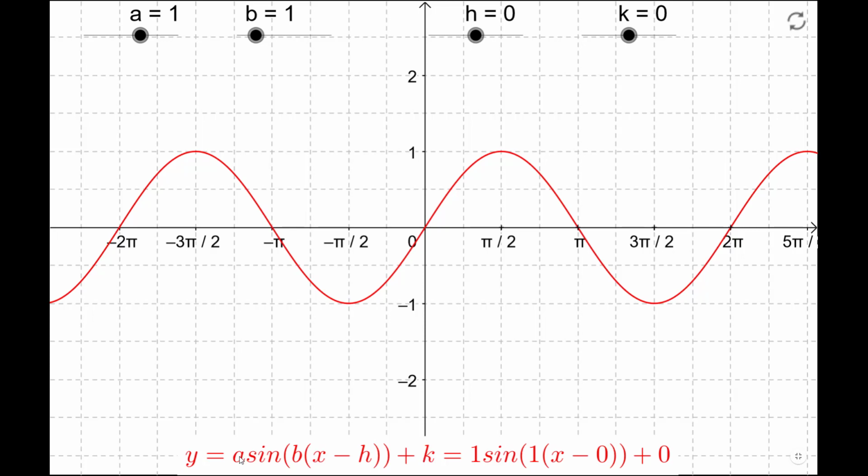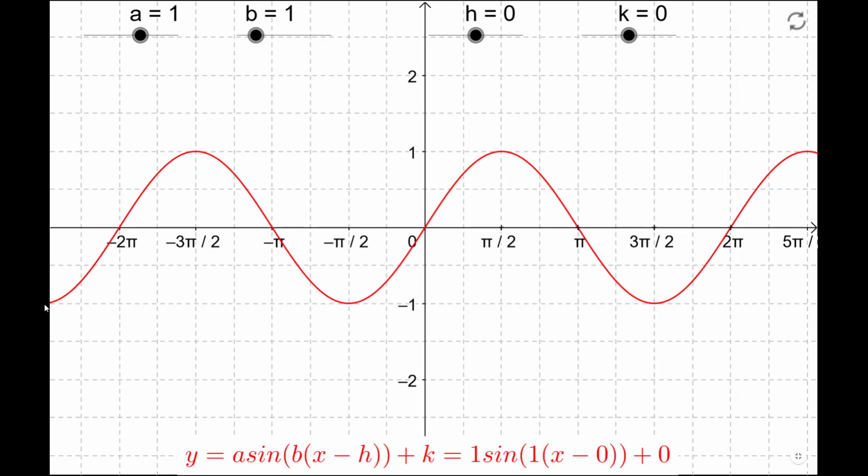Okay, so we have 4 constants, a, b, h, and k. A and b are multiples, h and k are additions or subtractions. And you may already know where this is going if you remember your transformations from 171. But right now, the a and the b are both 1, so we have just y equals sine of x, if you got rid of the ones and the zeros.